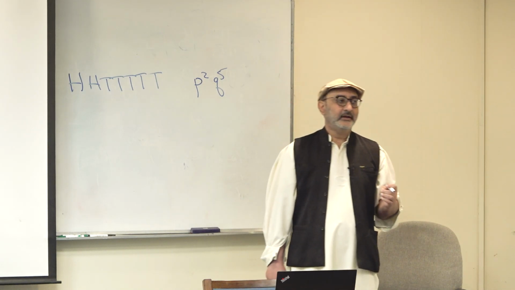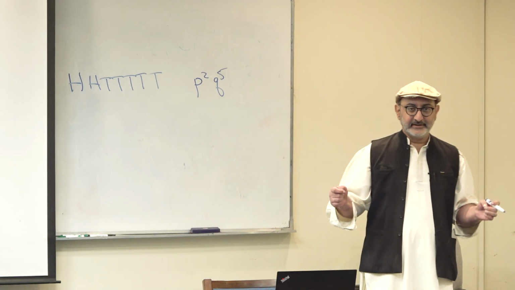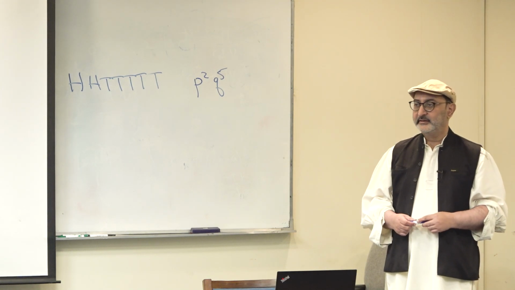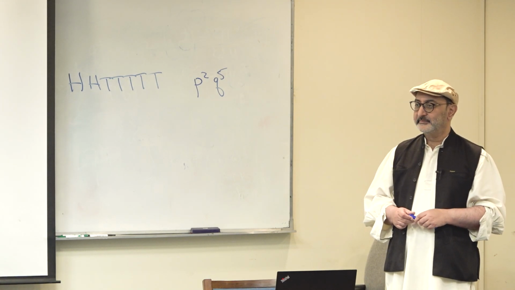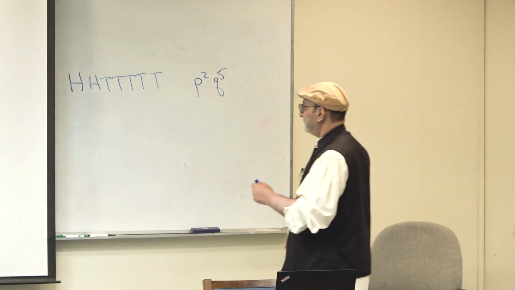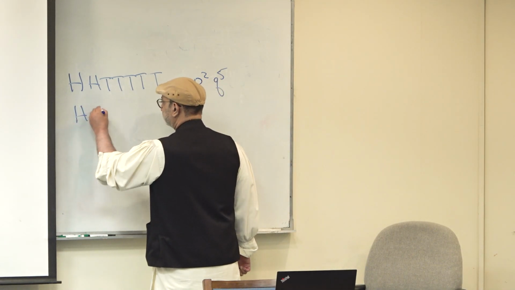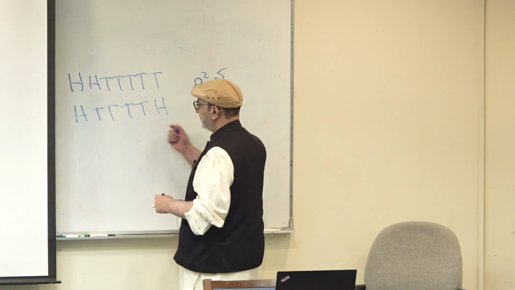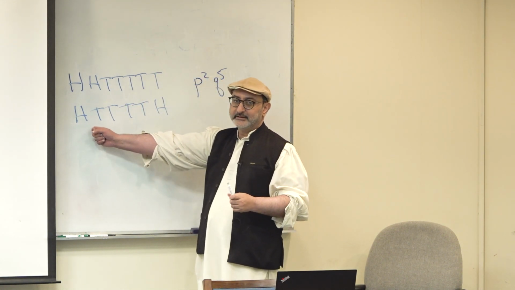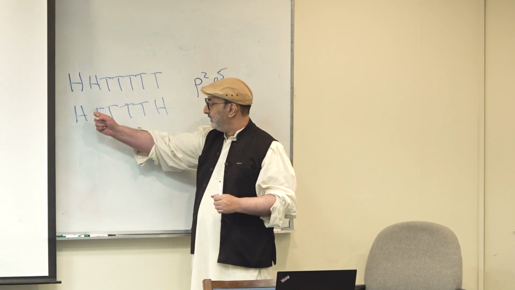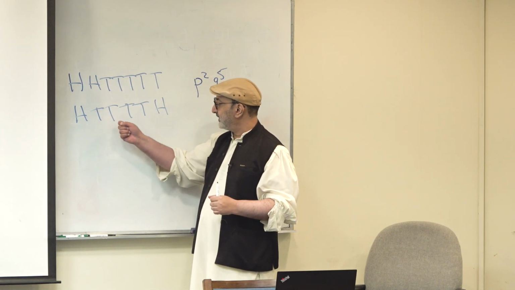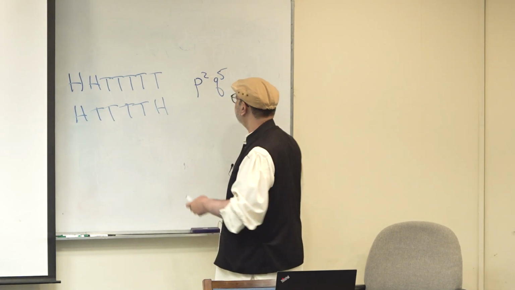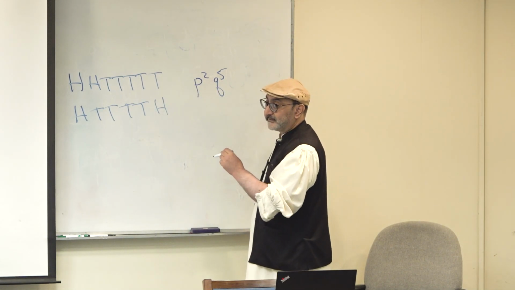Now, what about all the other sequences which have 2 h's and 5 t's? They're the same, right? So this has a probability P times Q times Q times Q times Q times P, once again, P squared Q to the 5th.